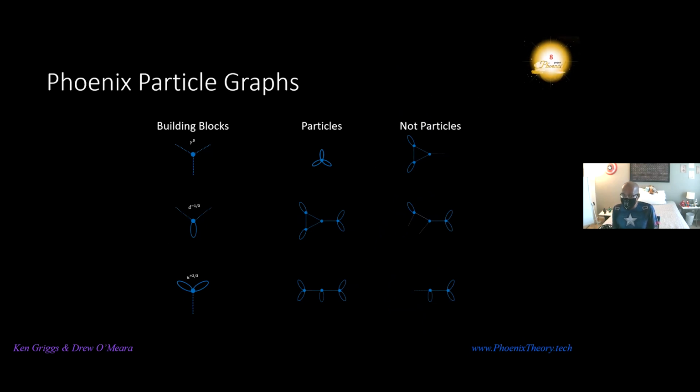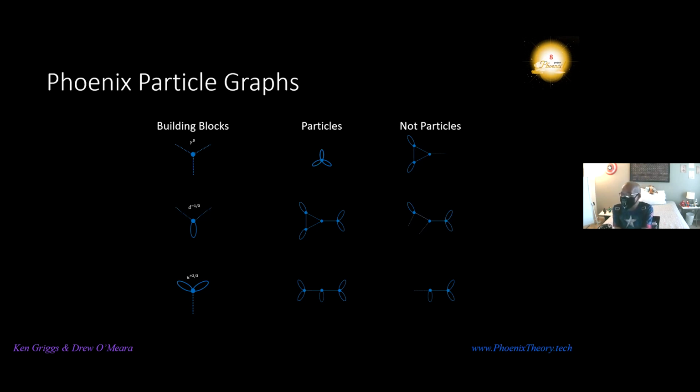Now, when one is trying to understand what is a particle versus what is not a particle in Phoenix, we just showed you 3 different vertex building blocks. But as you notice in the middle there, these are 3 particles. These particles are obviously constructed from building blocks.